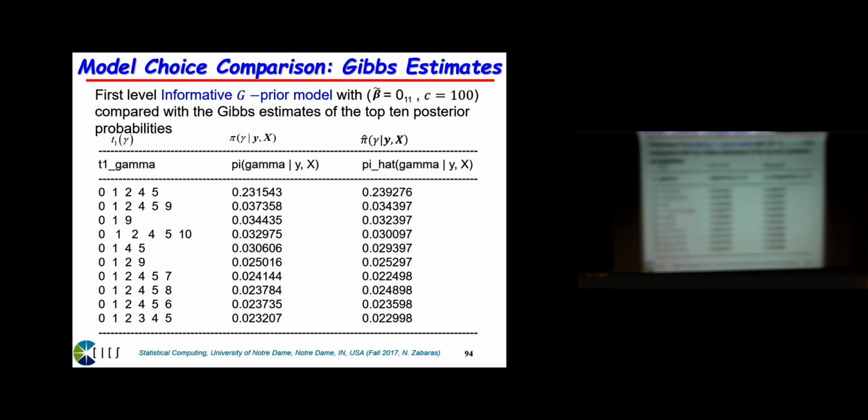Okay, so with Gibbs sampling, the idea is you start taking samples of these gammas, and as you progress, the samples move towards the mode of the posterior of gamma, right? You'll be sampling the most probable models. And this is actually what you see here. So these are two completely different ways to do these calculations.